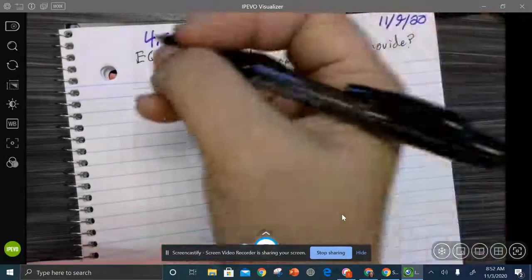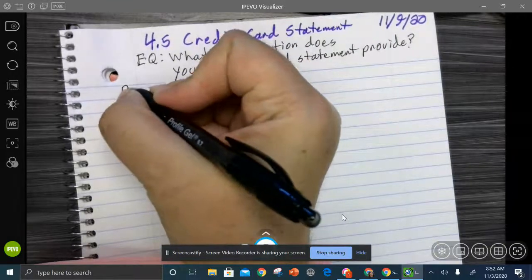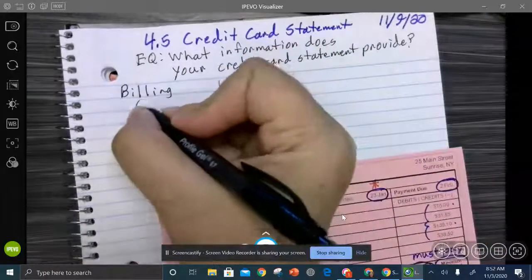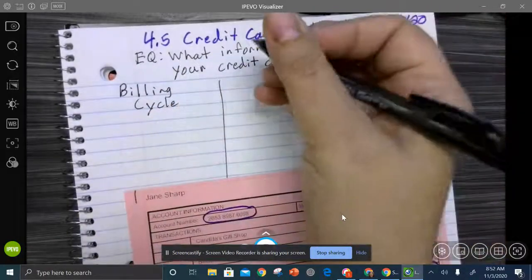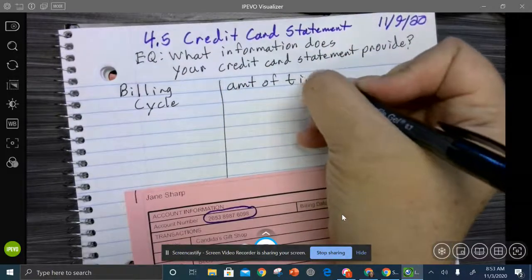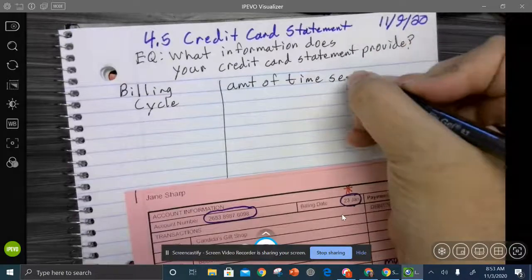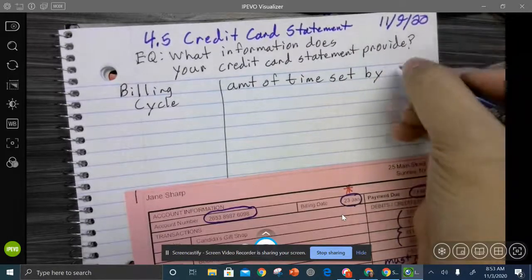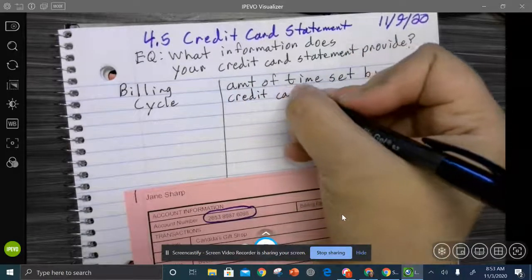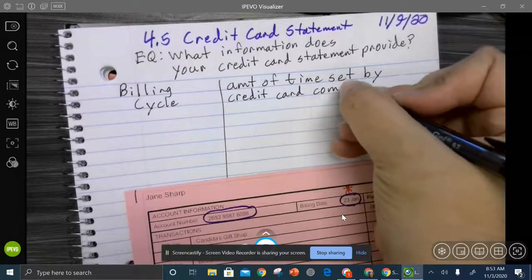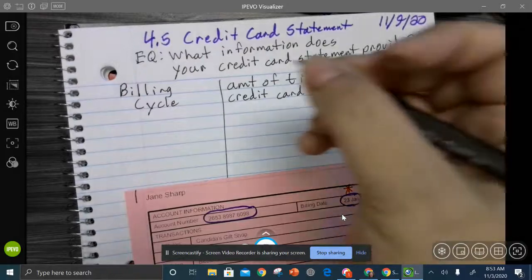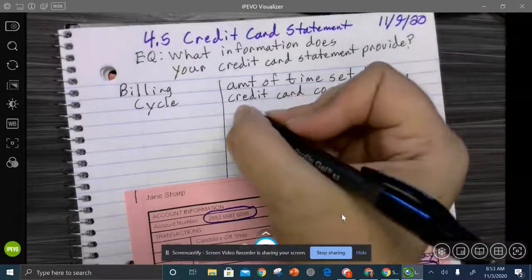So billing cycle, everybody. You're gonna hear that word. Okay, it is the amount of time set by the credit card company used for calculating the bill.